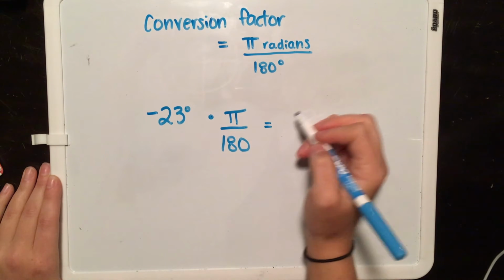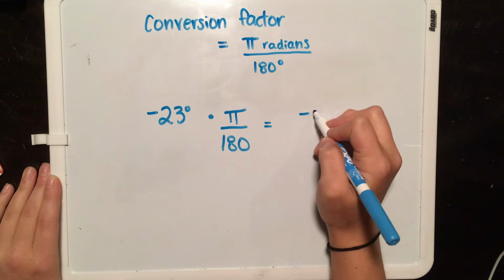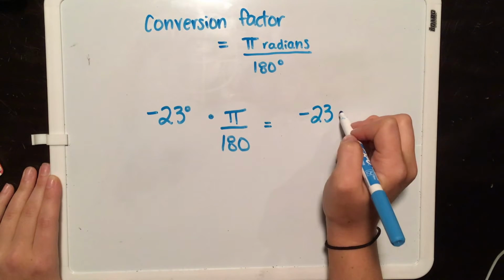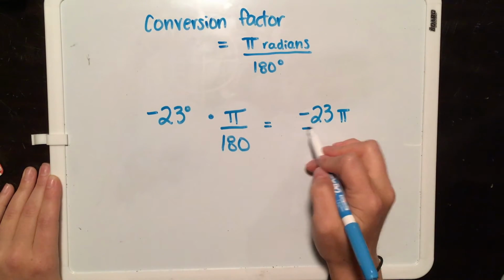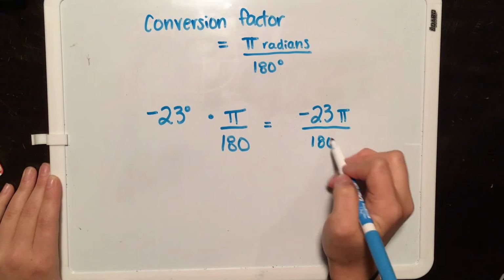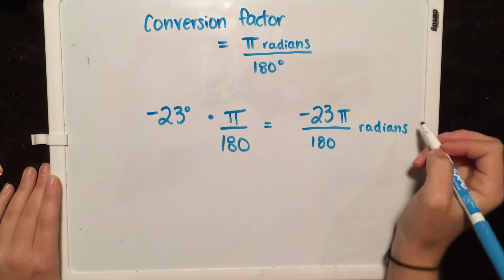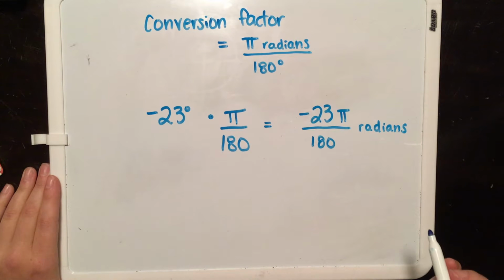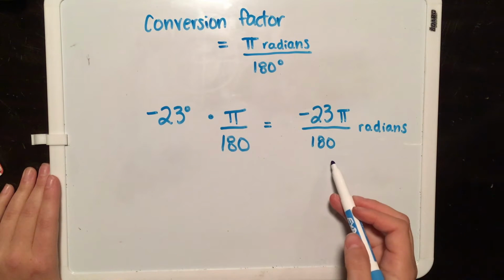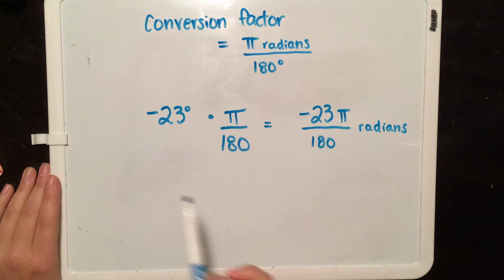So our answer is just simply going to be negative 23 pi over 180 radians. And it may be an ugly fraction, but it is irreducible. So that is the correct answer for converting negative 23 degrees into radians.